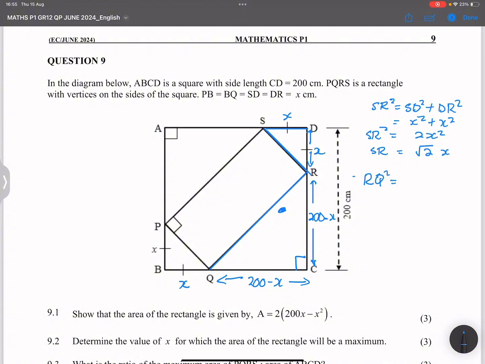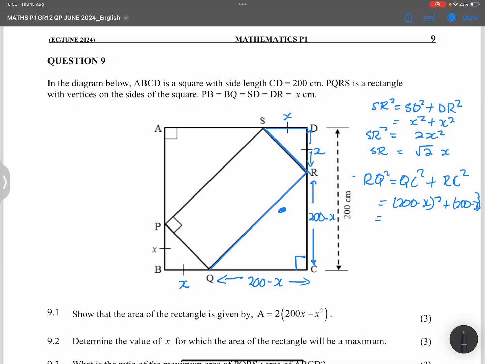This would be QC squared plus RC squared. And once again, you've got 2 times, in fact, let's rather say 200 minus x squared plus another 200 minus x squared.